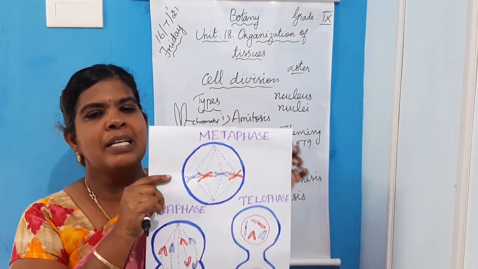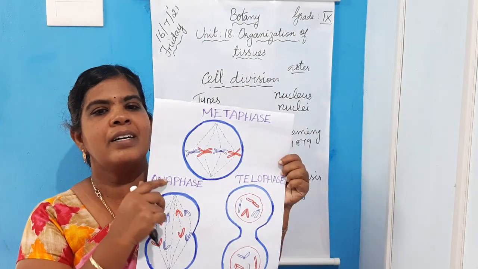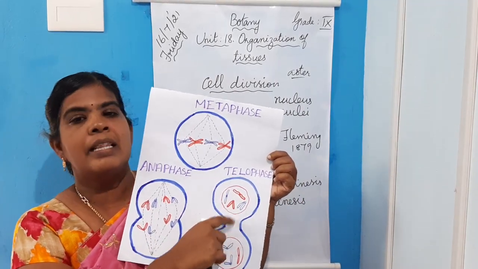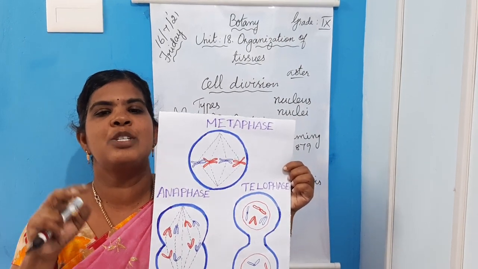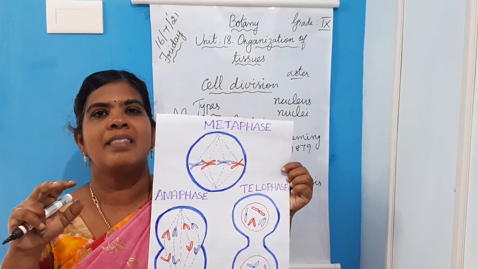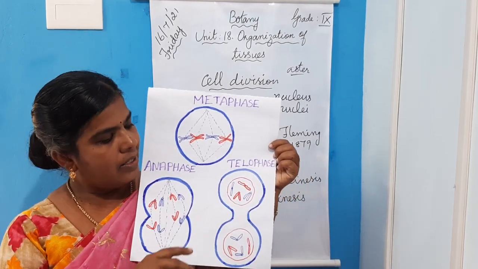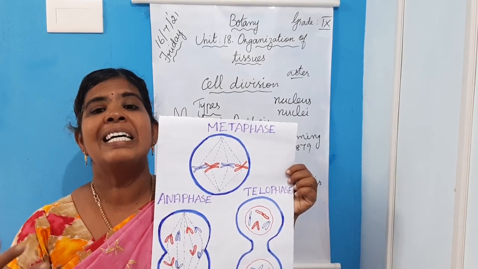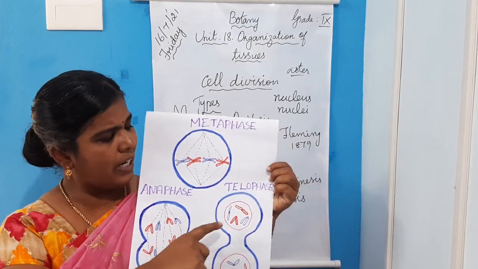Okay, what about the next one? The next phase is telophase. Here each chromatid lengthens, becomes thinner, and turns into a network of chromatin threads. Now the nuclear membrane and the nucleolus start to reappear in each daughter cell.